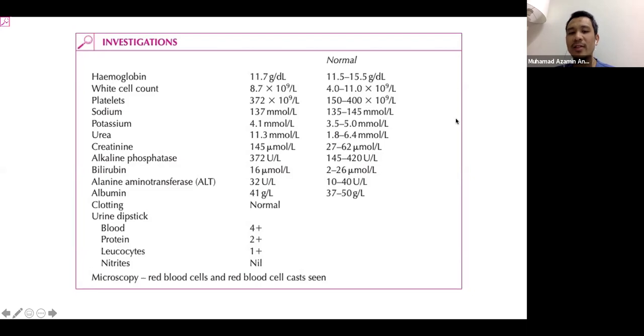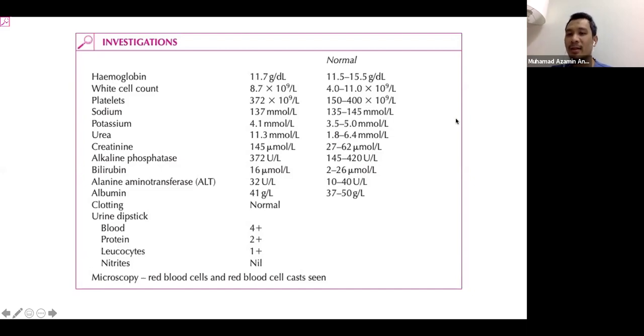So basically from these investigations, the blood presence in the urine and also the protein levels in the urine, plus there is red cell cast in the urine, support renal involvement or renal pathology of the hematuria. If you don't see any red cell cast or red cells, but the urine color is red, then there is no renal involvement. It means the urine color can look red, but there is no blood in there.